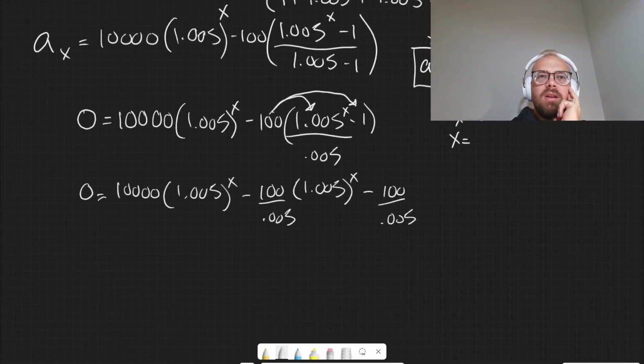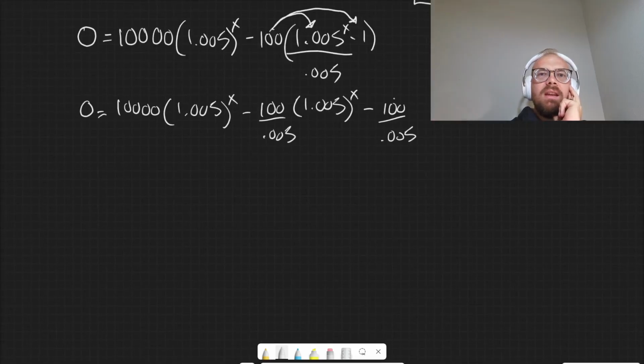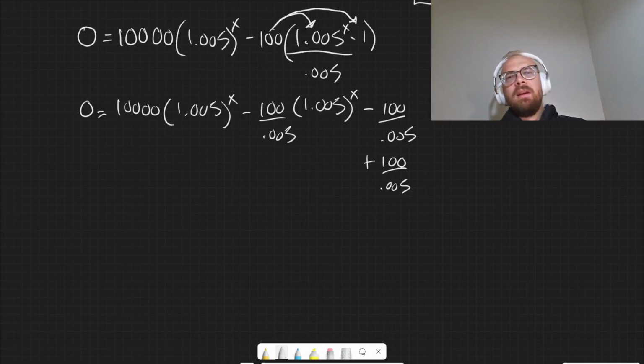Okay, so then I don't need this other part over here, so I'm going to add that to both sides. It might be helpful to figure out what this is. It looks like it'll turn out to be a fairly nice number. So let's figure out what that is. 100 divided by 0.005, and that's 20,000. Ah, yes, of course.